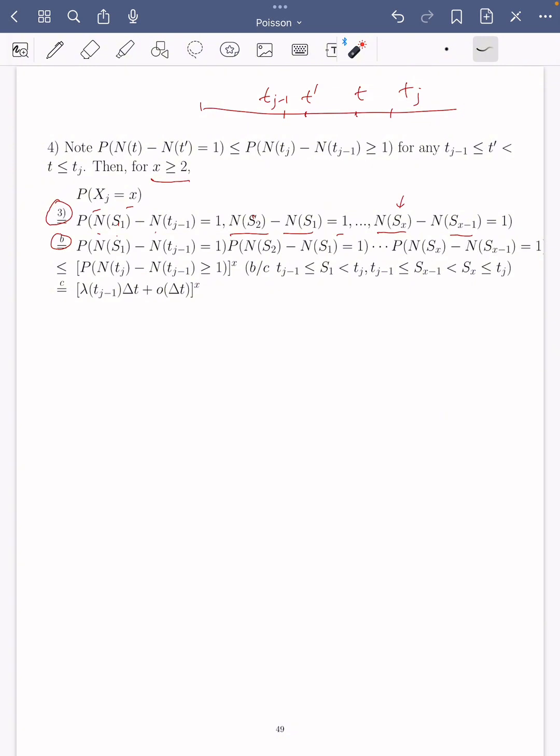So it's equal to lambda of t_{j-1} times delta t plus little o delta t. So we conclude that the chance that X_j equals x will be a very small number.